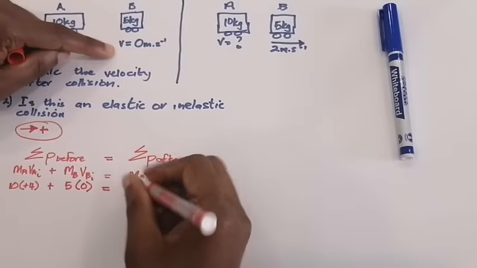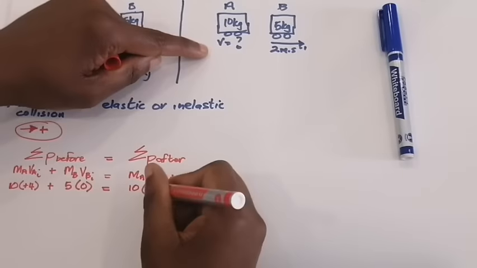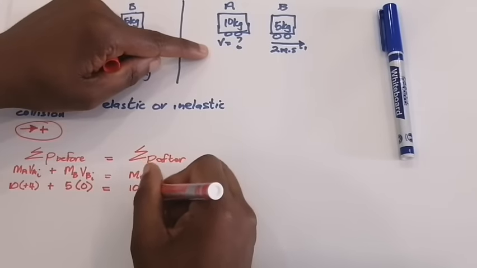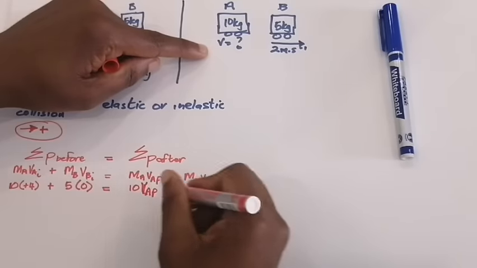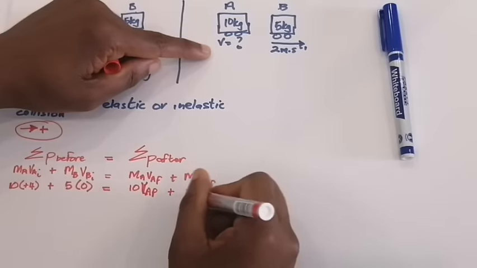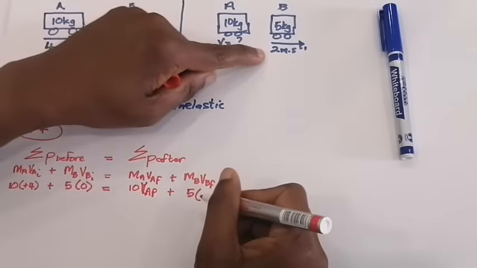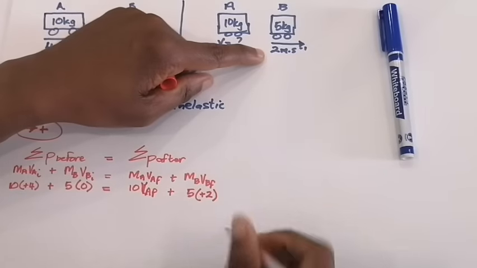Then the mass of A, 10, times the final velocity of A after collision, which is what I'm looking for, so I'm going to leave that as vAf, plus the mass of B, 5, multiplied by the velocity of B. It's still to the right, so we consider this to be positive 2.